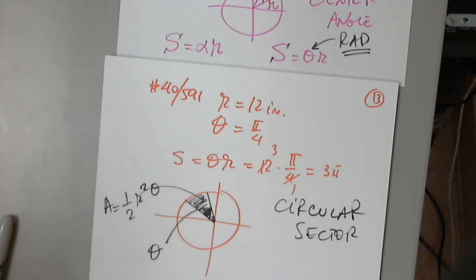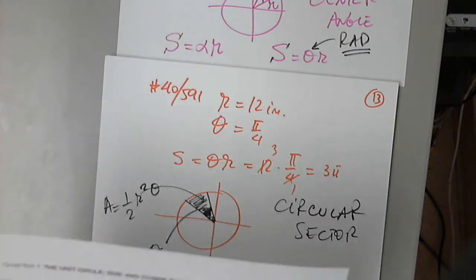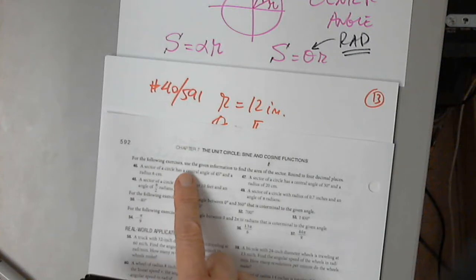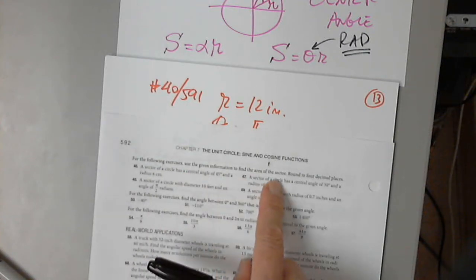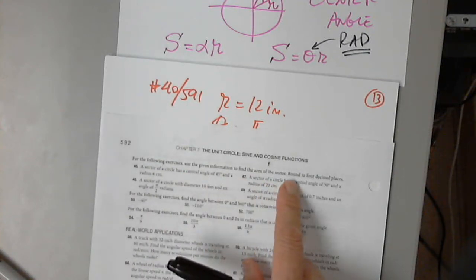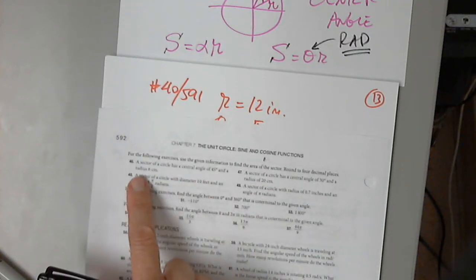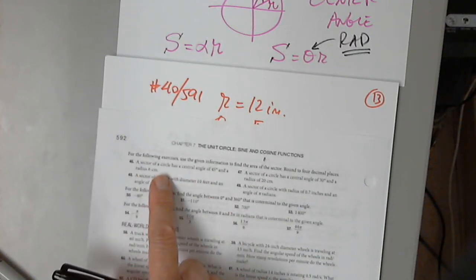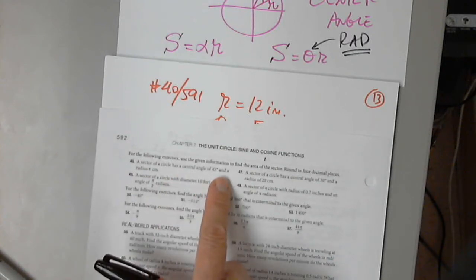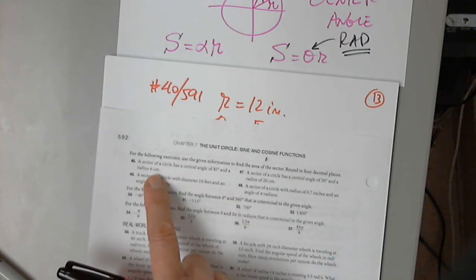So let's find, for the following exercises, use the given information to find the area of the sector. 46. A sector of a circle has a central angle of 45 degrees and a radius of 6.